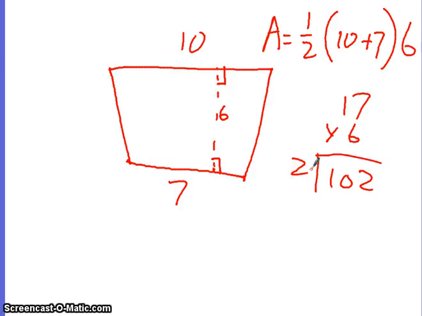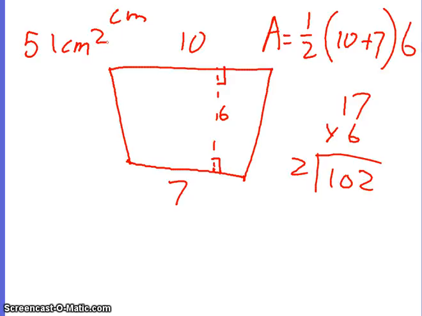Because it's 1/2. So it's 51. And I didn't tell you the dimensions, so I'll tell you now. It's centimeters. So 51 square centimeters. Since our order isn't going to matter, we could do that by 51. And we got it. 51 square centimeters.